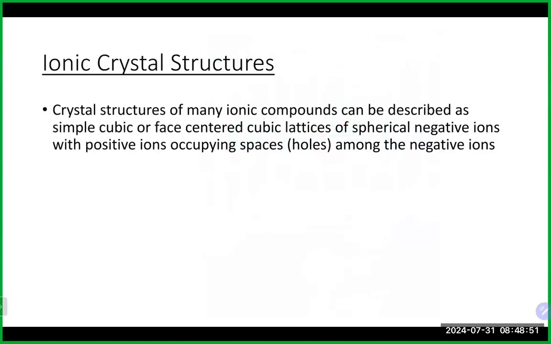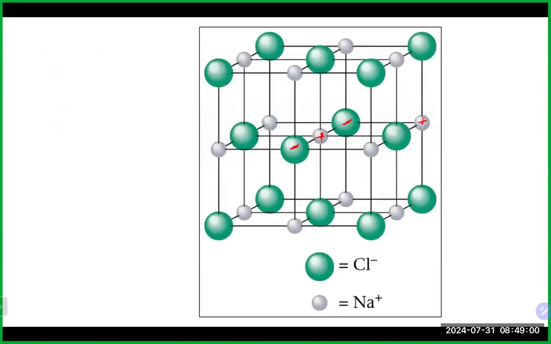In an ionic solid, which is a crystalline lattice, as we talked about, the arrangement can be described as simple cubic or face-centered. As you can see, it's very, very ordered, where they try to keep their distances. They arrange themselves to maximize the attractive forces between positively and negatively charged ions, and minimize the repulsion between similar charges.